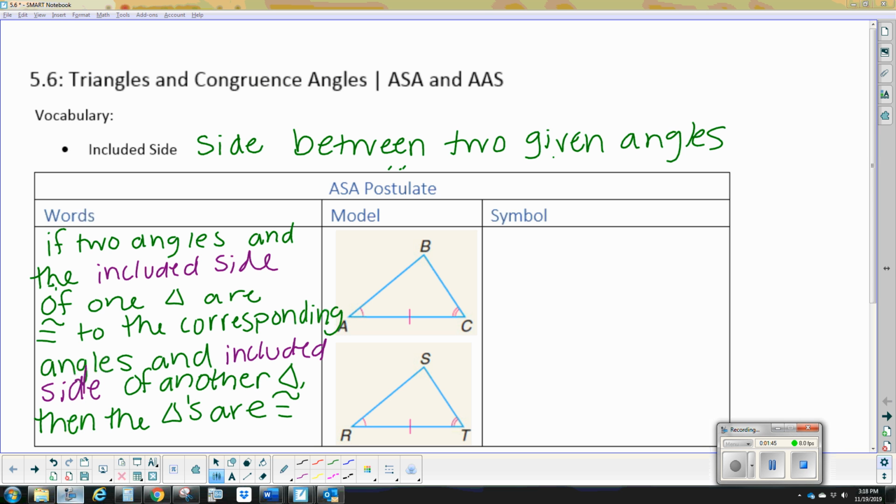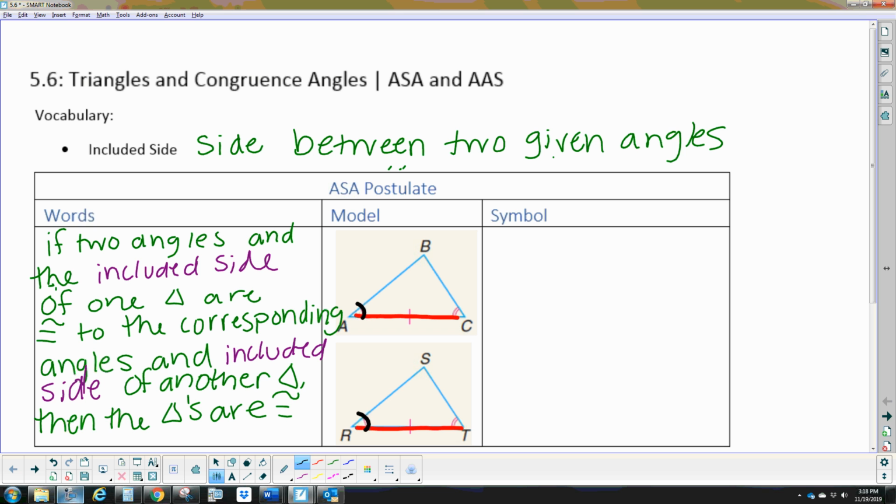Now AC and RT are the included sides because both of them are between the two given angles. Okay, so here are our two given angles in each of the triangles, and in both of those triangles, the side that we're given as congruent to the other side in the other triangle are both included sides.